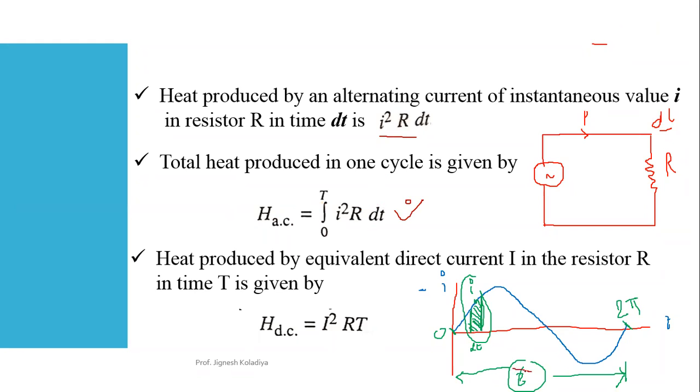Let us take it capital T. Okay, total time period is capital T. So integration from 0 to T of i square R into dt. So this will be my total heat produced in one cycle of alternating voltage, alternating current.